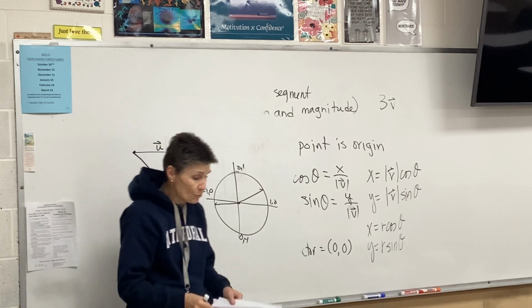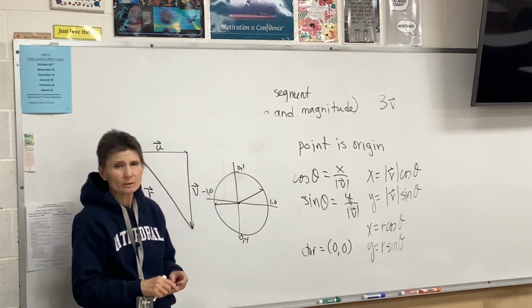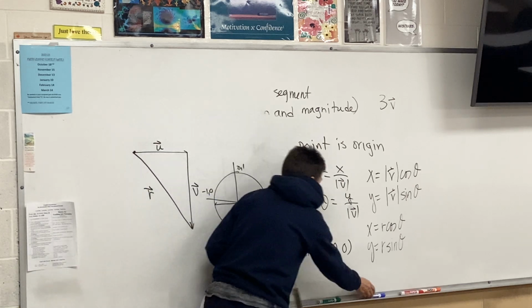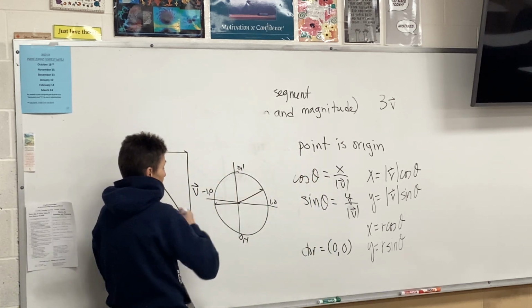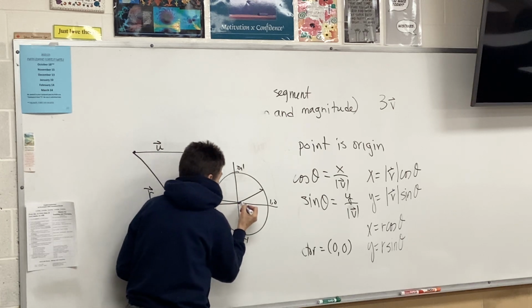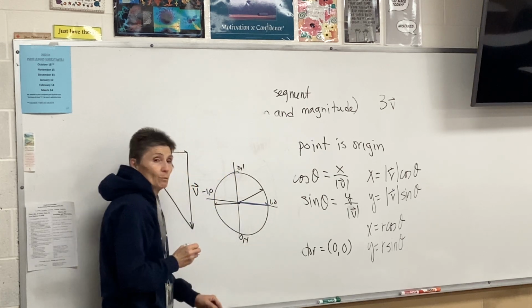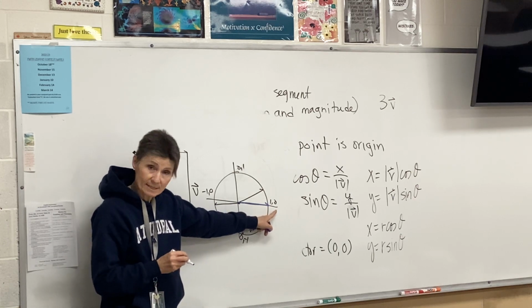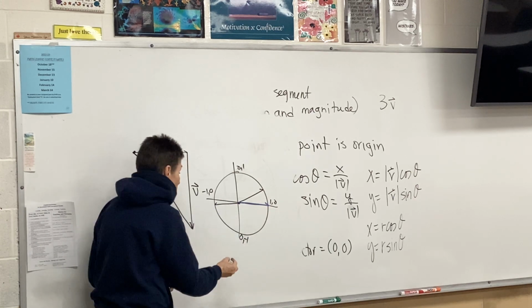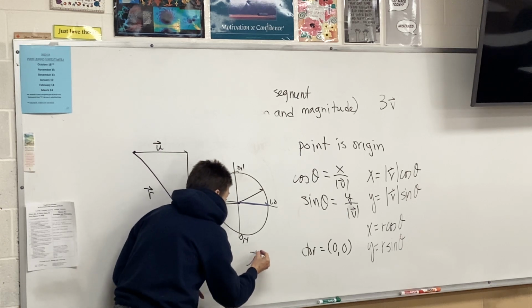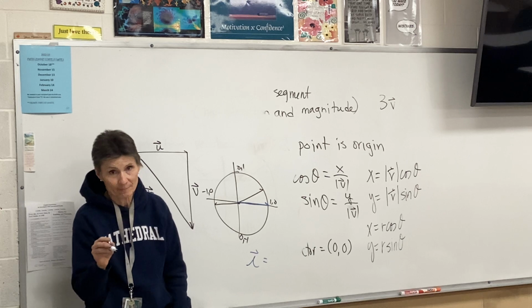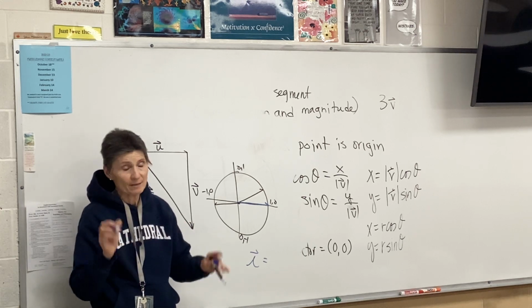Of all the unit vectors in the whole wide world, there are two that are the most important, and you can probably guess what they are. This blue vector right here, which has coordinates or components 1, 0, is called vector I. Now that is not I as an imaginary unit. I don't know why they called it I, Google it.